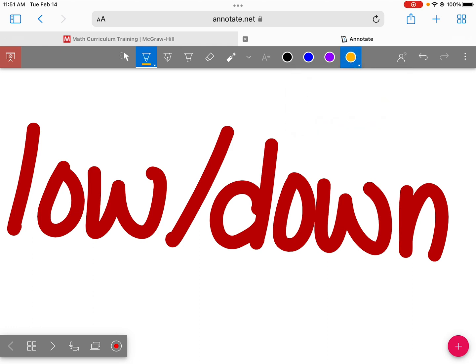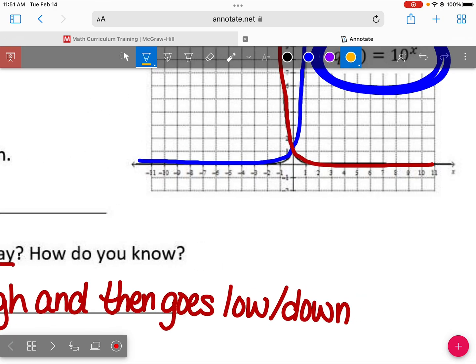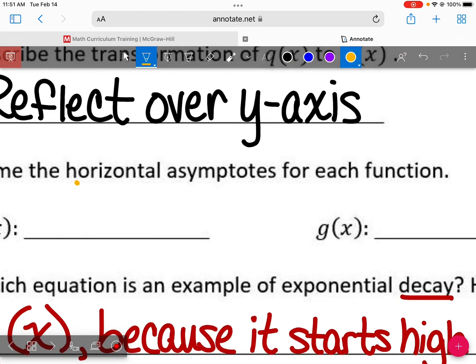There's an invisible line that neither one of these graphs is crossing. Do you see where it's flattening out on the graph? Right here. Technically it never touches, never crosses, right? Where is that at? 0. But I always write a horizontal asymptote with what?